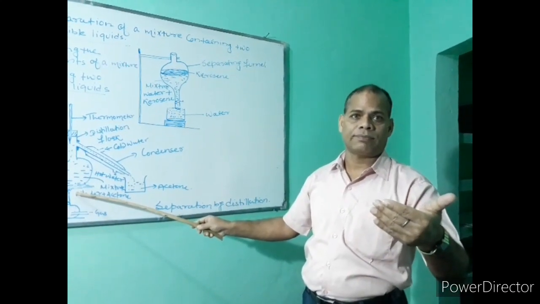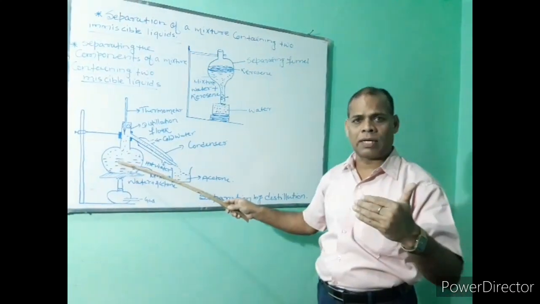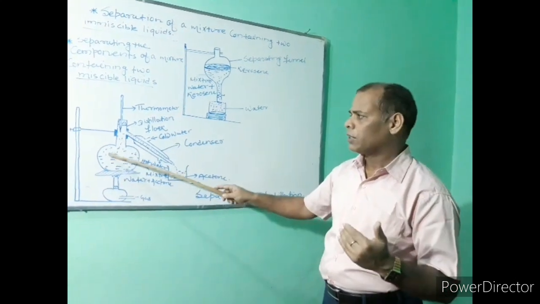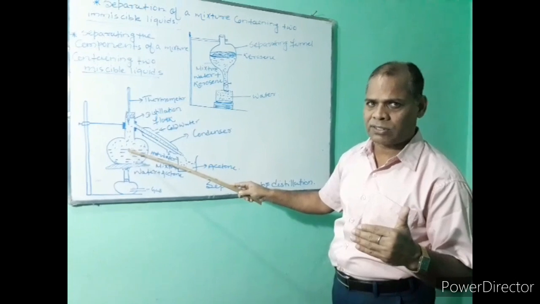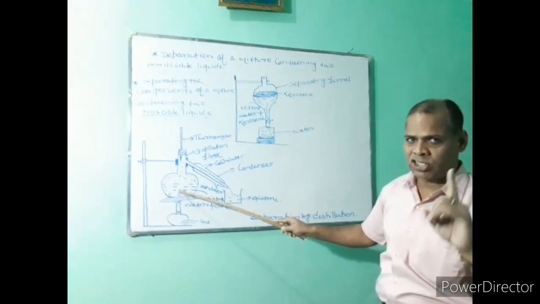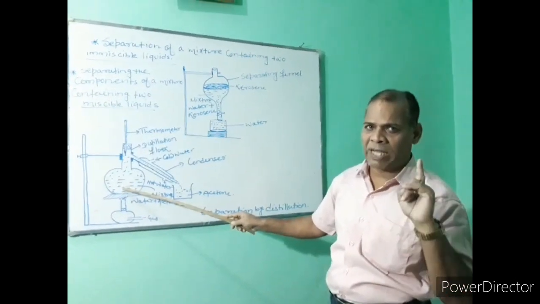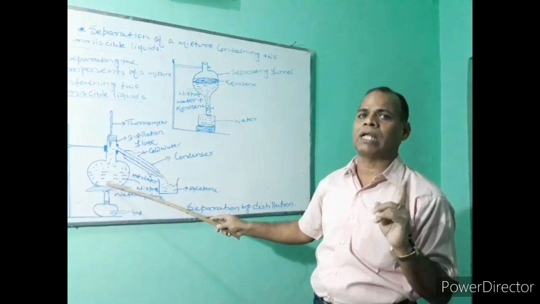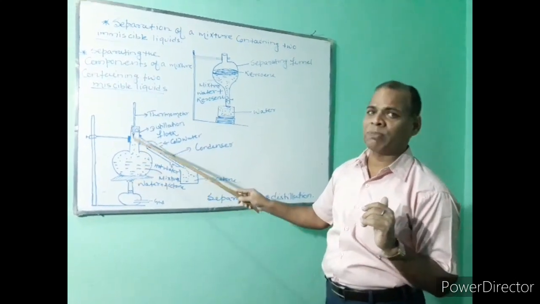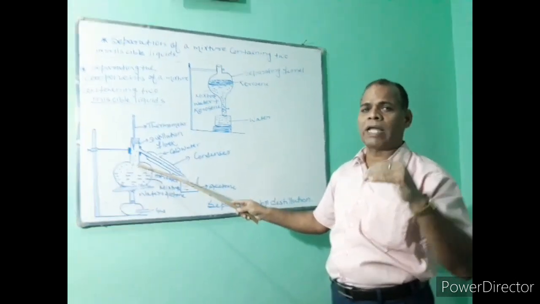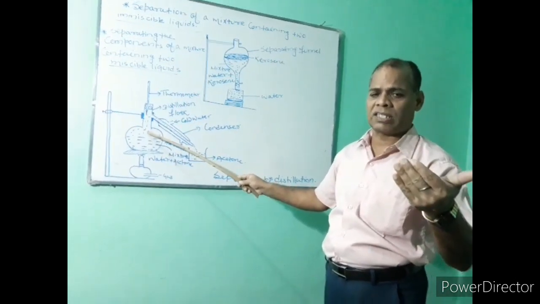Hopefully you understood, my dear students. What I said is: you take the mixture in a distillation flask and heat it, but make sure the boiling point of acetone is 56 degrees Celsius, so the temperature should be controlled and should not exceed 60 degrees Celsius.